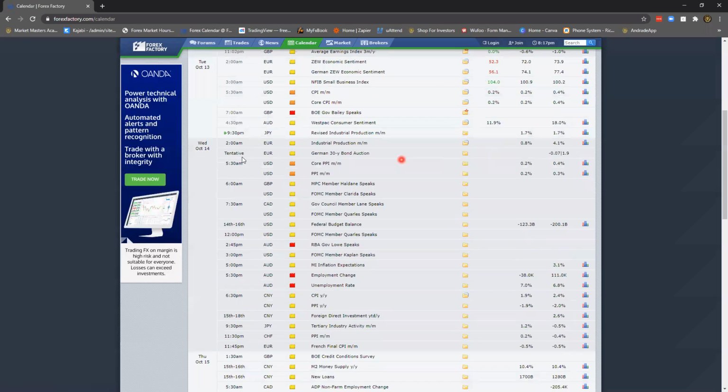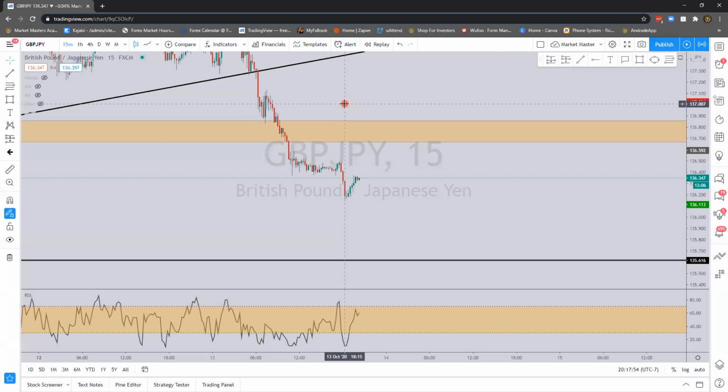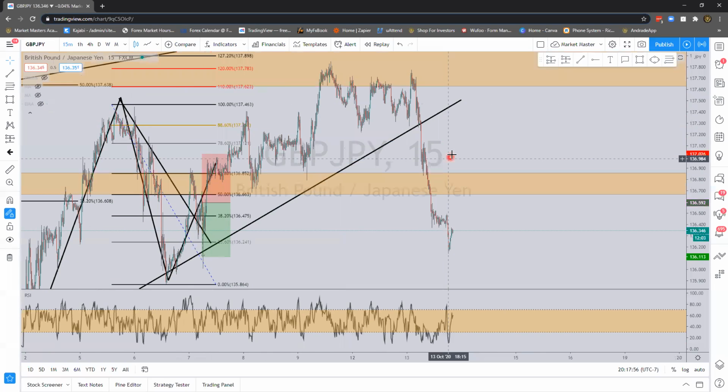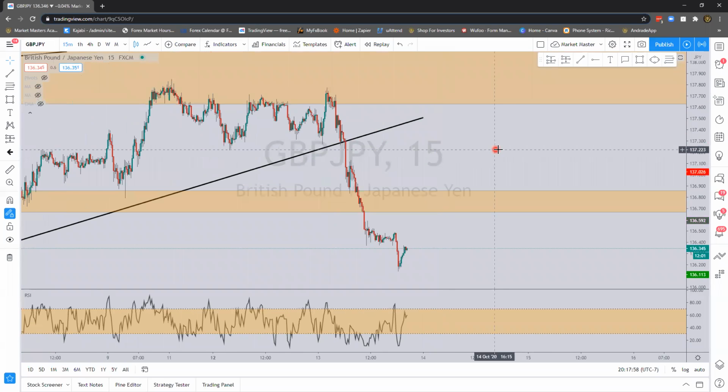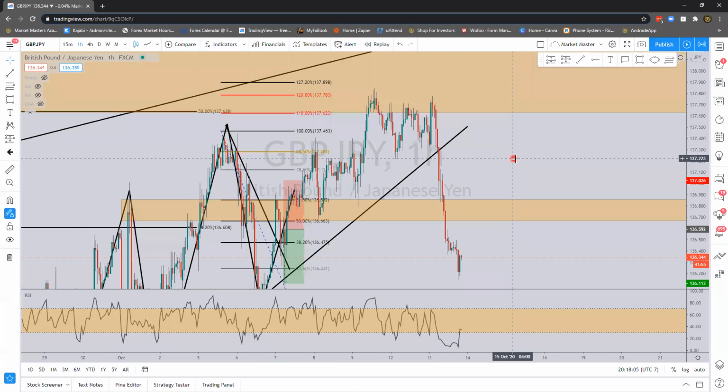Getting into the live analysis, let's look at the calendar for today. We have some really strong GBP. I actually mentioned a GJ sell earlier, which is still going down as we speak here. I'll go through this in a bit.